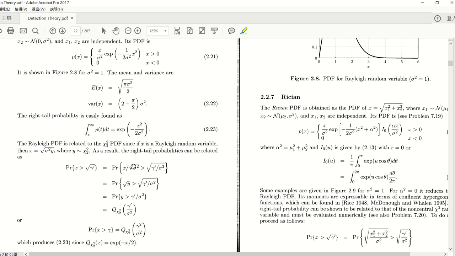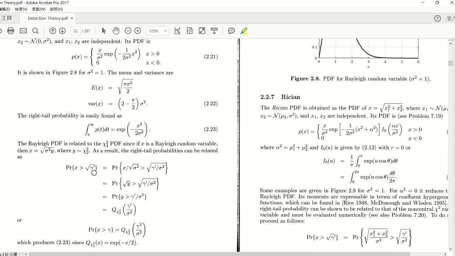So we divide x by this, and that thing will be equal to the square root of y. This square root has a sigma square inside, so we divide it out. Then it becomes the square root of y only.